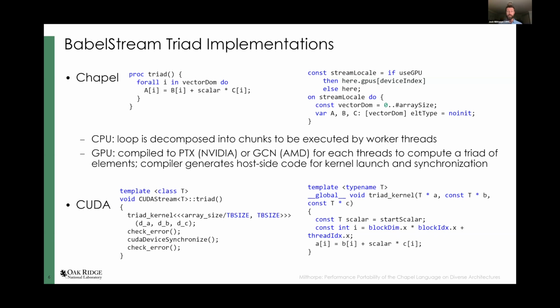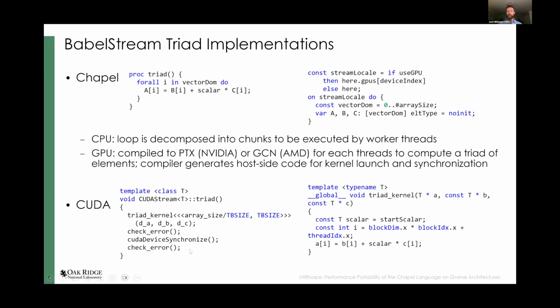When you compile it for a GPU, it's going to be compiled to a kernel, either in PTX or GCN, depending on which flavor of GPU you're using. And each thread is going to operate on one matching triad of elements. And of course, Chapel also generates the host side code for kernel launch and synchronization. So that's really all there is to triad in Chapel.